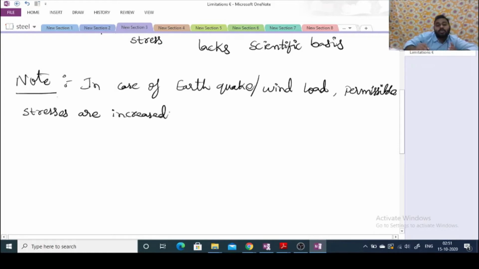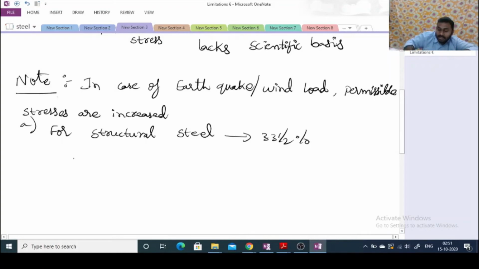How much amount is to be increased? Let us see here. For structural steel, the increase is 33.5%. For example, let us take axial tension.